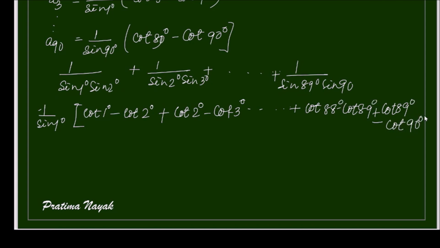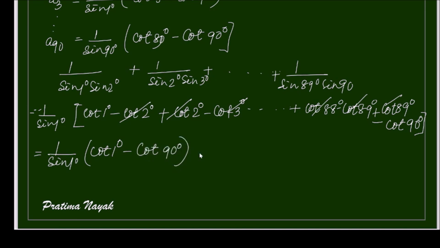Now, if we take all the telescopic sum, I'll get 1 by sine 1 degree times, cot 1 will be left and cot 90 will be left. We know the value of cot 90 is 0.